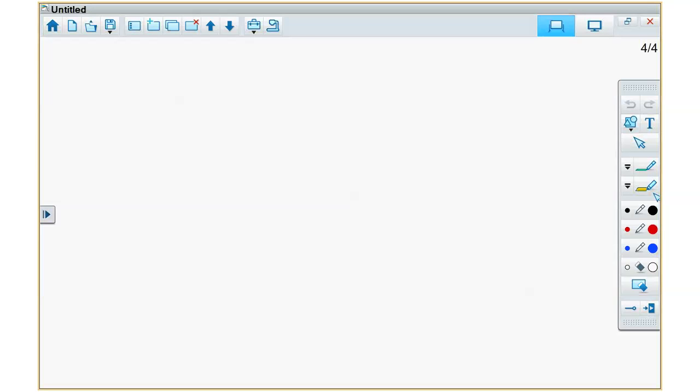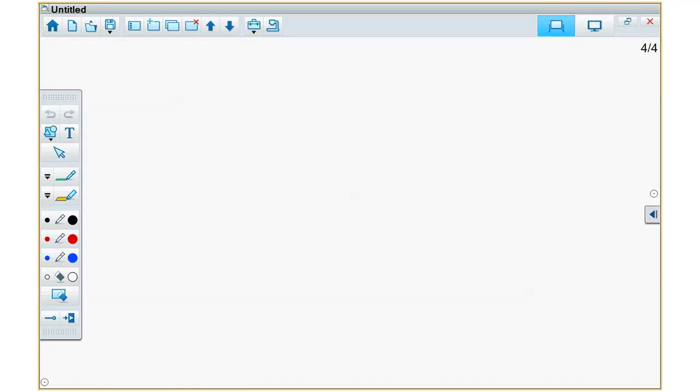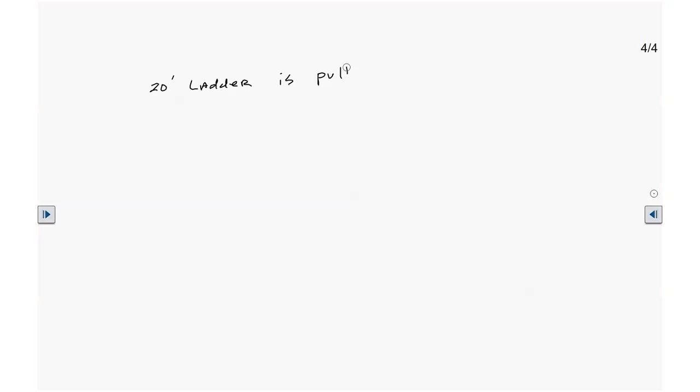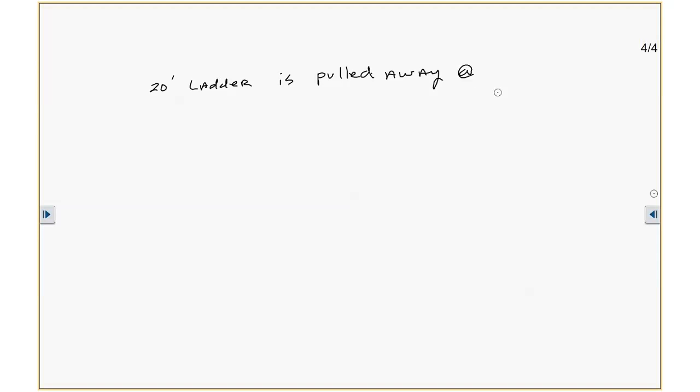So let's go with a 20-foot ladder. A 20-foot ladder is pulled away at 5 feet per second. This isn't a problem, really.